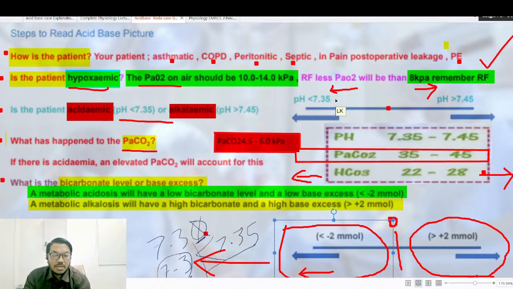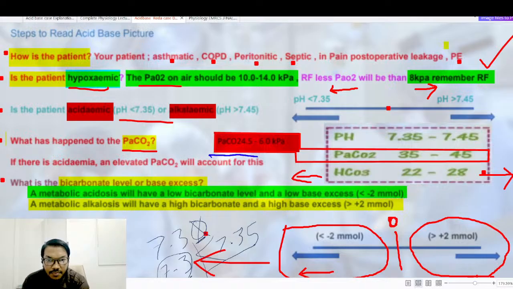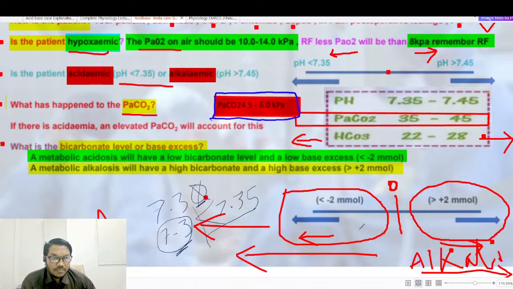Normally partial pressure of carbon dioxide is 4.5 to 6 kilopascal, and in millimetres of mercury it is 35 to 45. And bicarbonate level also, normal is 22 to 28.